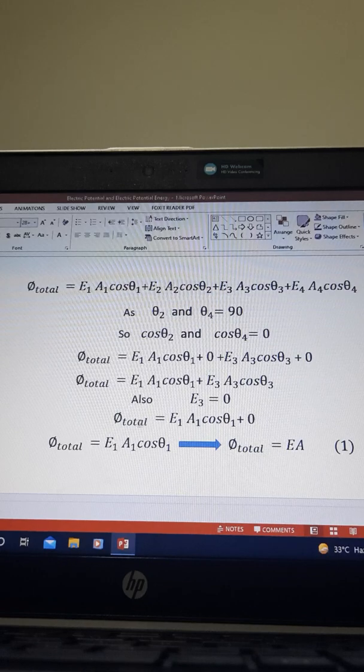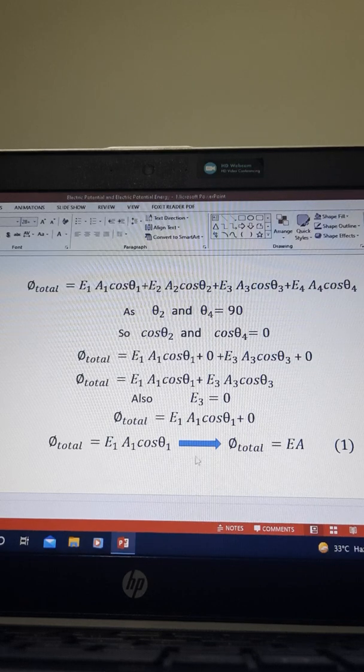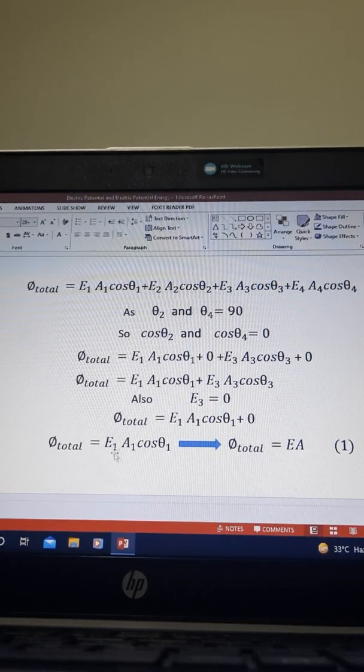So the equation is now again modified: the total flux is E1 A1 cos theta 1 plus 0. The third term is also 0. So the only term contributing towards the total flux is E1 A1 cos theta 1, or simply you can write it as EA.